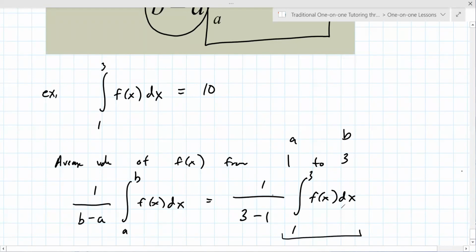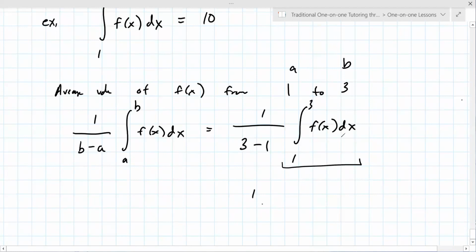You take the integral, but then you multiply it by this number in front. This 1 over b minus a is the only thing that's different about the average value. It's an additional piece. So you just multiply by 10. Well, it's 1/2 times 10, which is 5.